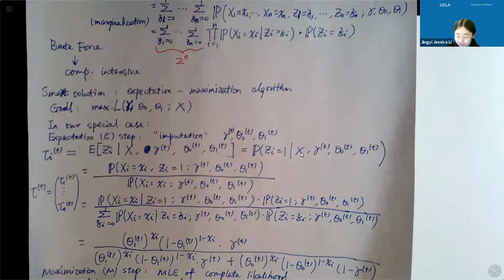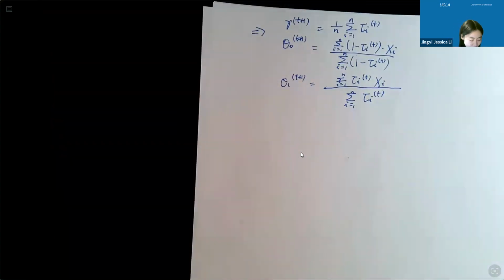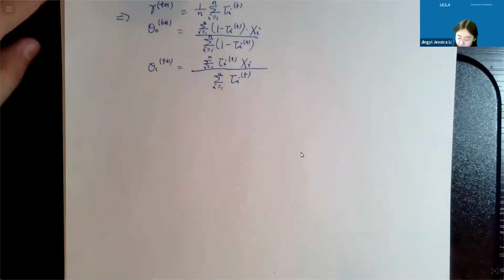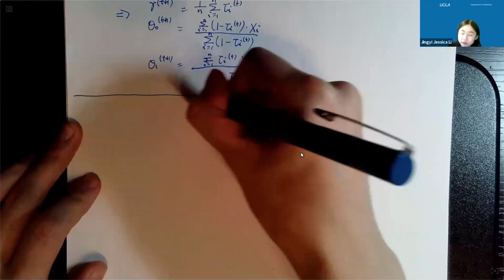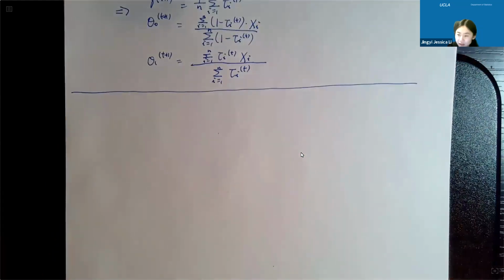Okay, so then let's continue. Why the EM algorithm works. To really understand this question, we need to first give you a math review on what we mean by a convex function and a concave function.